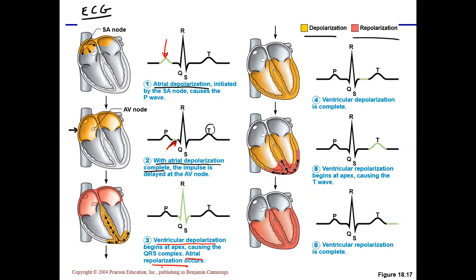Again, you have to go back and look at what happens during repolarization: potassium leaves and all that. But basically, at this point, you'll notice that the atrium is relaxing. If they were contracted right here, in here they are relaxed, going back to the original way. But the relaxation has to happen after.